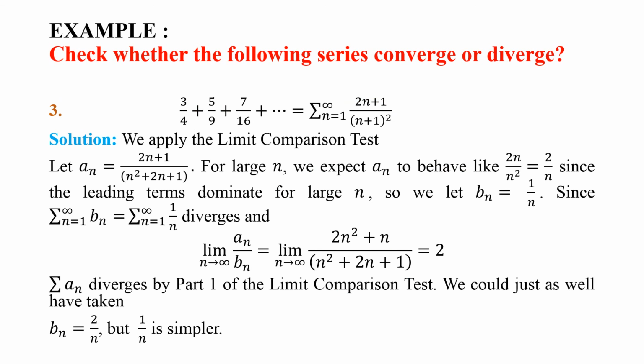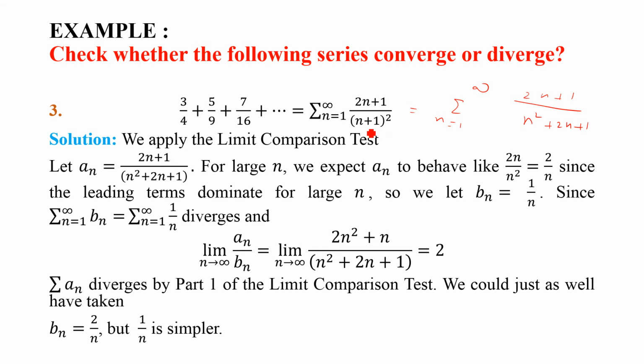Next, in this case, we have the series sigma n equals 1 to infinity of n plus 1 over n plus 1 squared. Or it can be written as sigma n equals 1 to infinity of 2n plus 1 over n squared plus 2n plus 1.